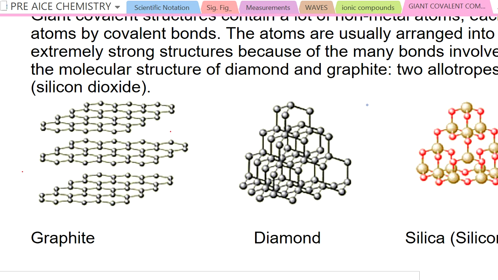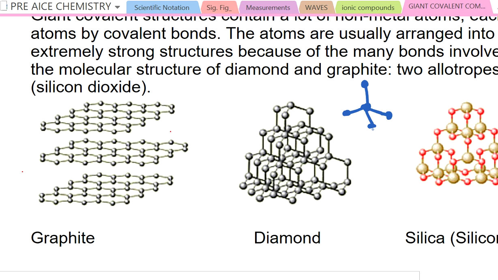The structure is a carbon attached to another carbon at the top, and then 3 carbons at the bottom, forming the same angle, the tetrahedral structure. Do you remember the tetrahedral structure for the methane? But instead of carbon attached to hydrogen, hydrogen, hydrogen, and hydrogen, it's going to be carbon, carbon, carbon.